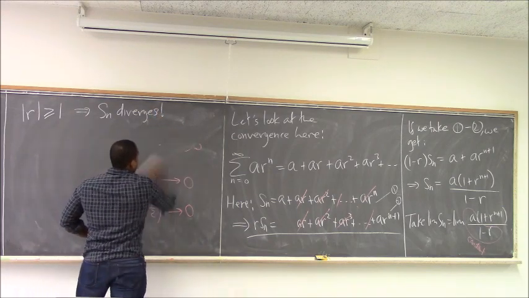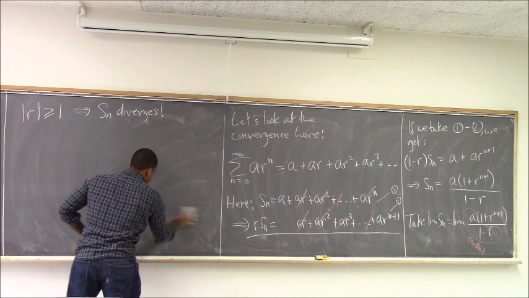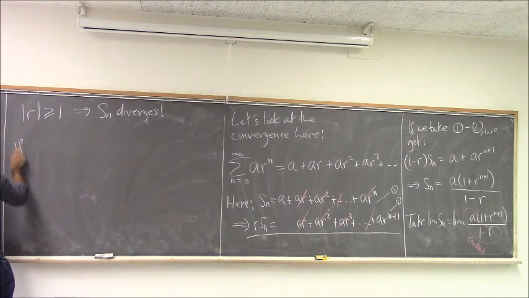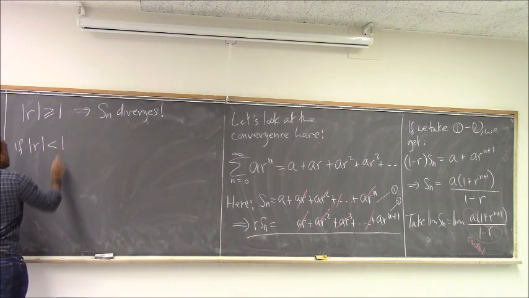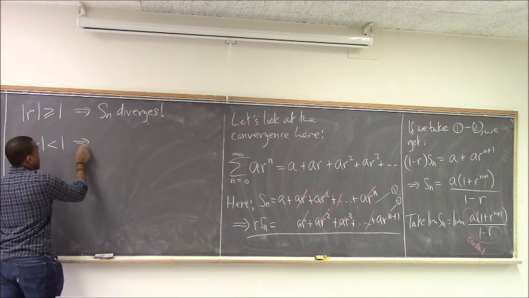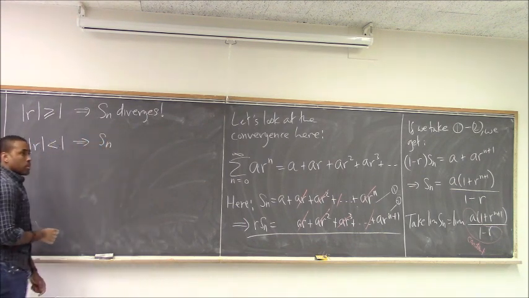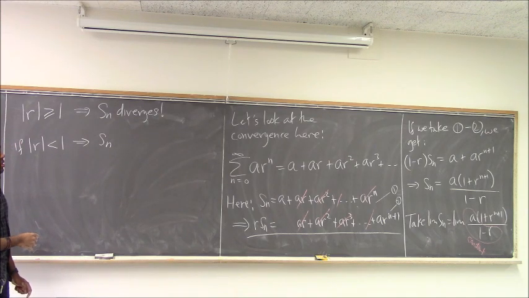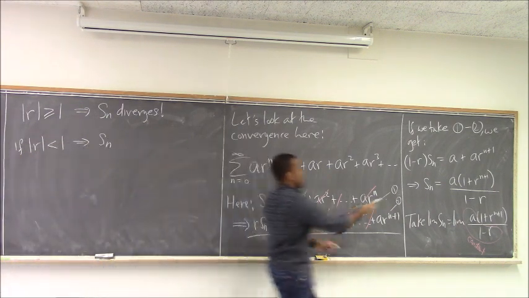And what if r is less than 1 in absolute value? Anything strictly between -1 and 1, what's going to happen? What becomes 0? The limit. No. What is Sn? Sn is this whole thing, right?